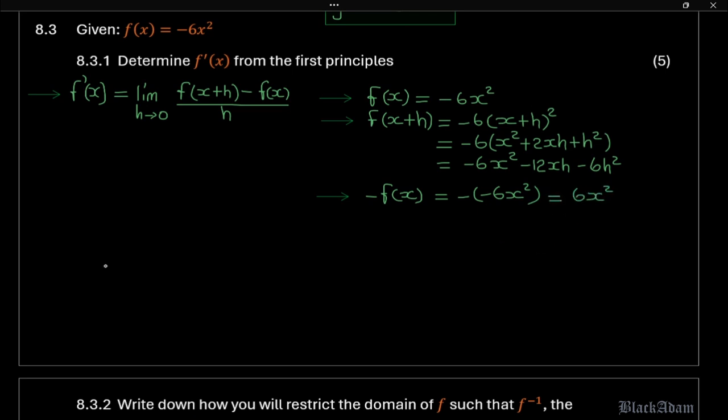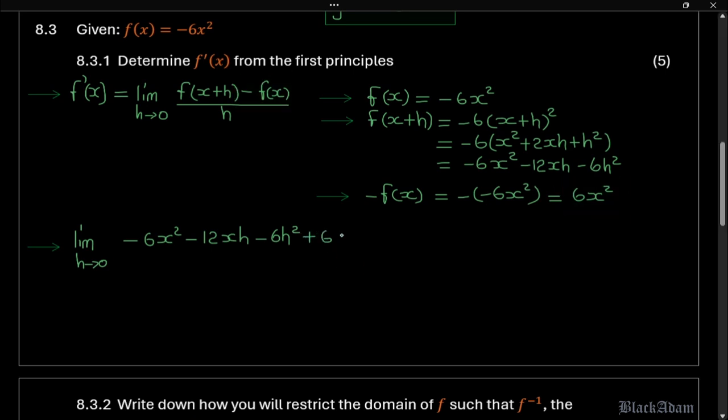Now, for the limit, we just substitute: negative 6x squared minus 12xh minus 6h squared, and then the sign-changed part of the function, which is positive 6x squared.